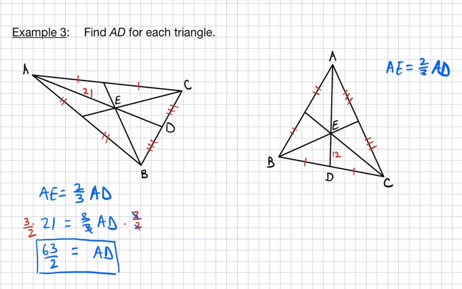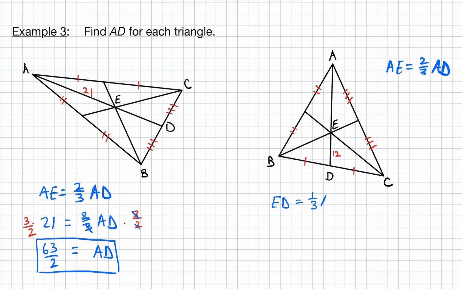So what we could do then is establish this relationship. We could say that ED is equal to 1/3 the length of the median AD. Okay, now by doing it this way, we can take advantage of the length of ED, which is 12. So we can go ahead and substitute that in and set that equal to 1/3 AD.